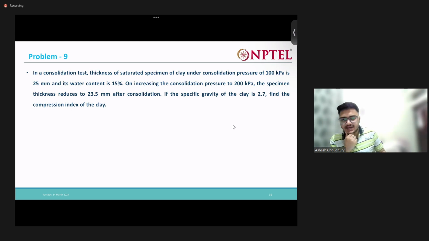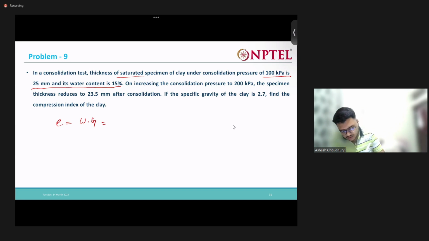So what we will do is that our water content is given. At this level, 100 kPa and 25 mm, our water content is 15%. So at this point, for 100 kPa, we can find out the void ratio, which will be nothing but e is equal to w into G. S is equal to 1 because the specimen is saturated. It will always be completely saturated.